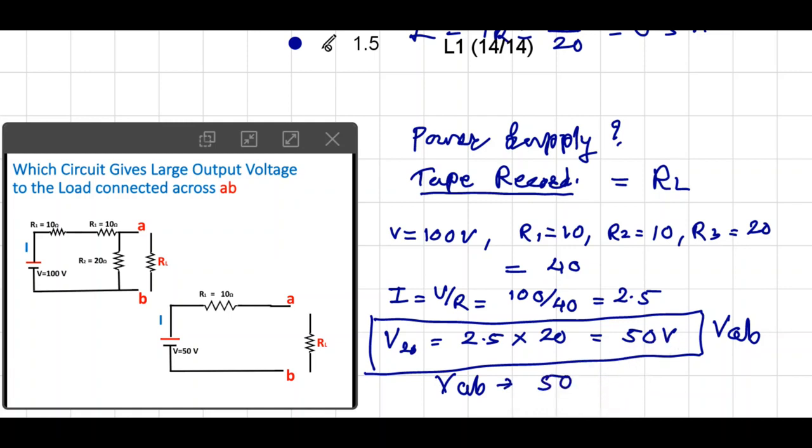So both circuits are providing the same voltage at the output. The thing to ponder is this: here, for getting 50 volt across AB, we have used three resistances and a 100 volt battery, but the same output voltage is given by this circuit in which only a 50 volt battery and 1 resistance is used.